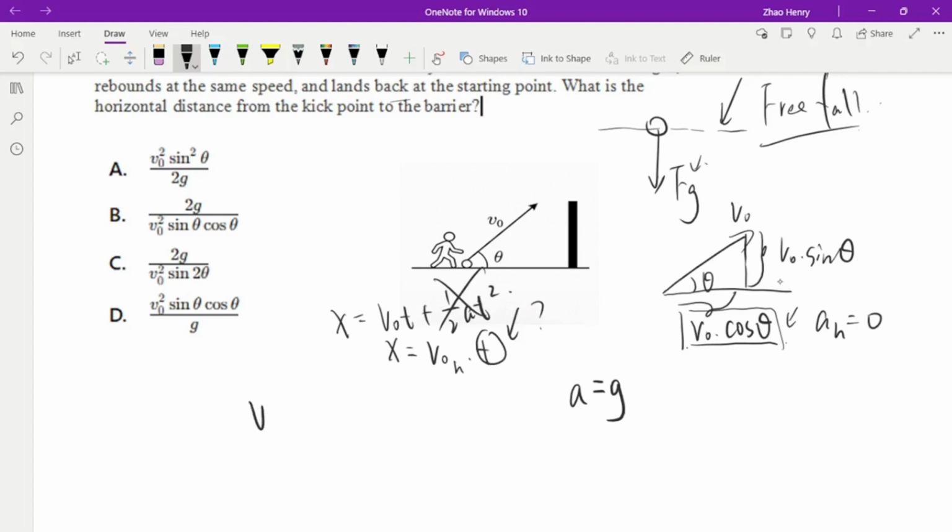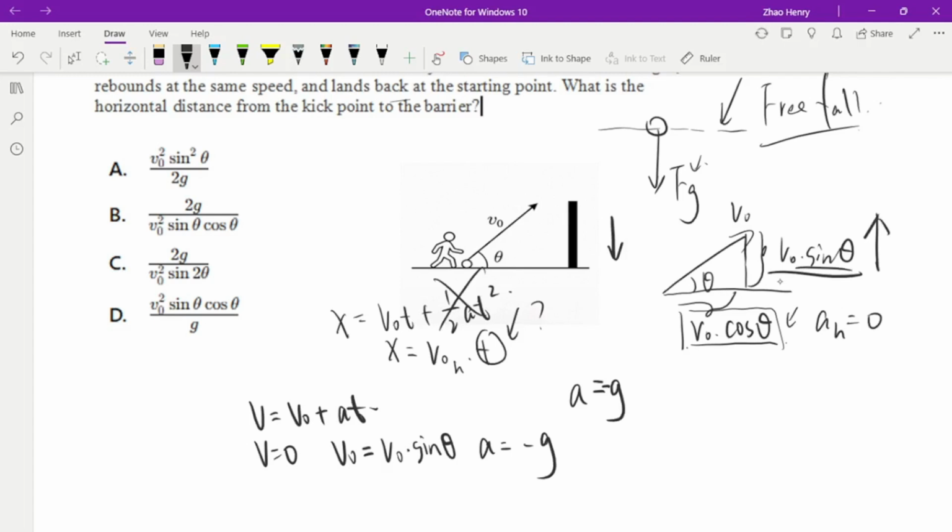We will use the formula v is equal to v0 plus at. The final speed is just 0. v0 is v0 times sine theta. A is actually equal to negative g, because g is pointing downward and the vertical speed is going upward.